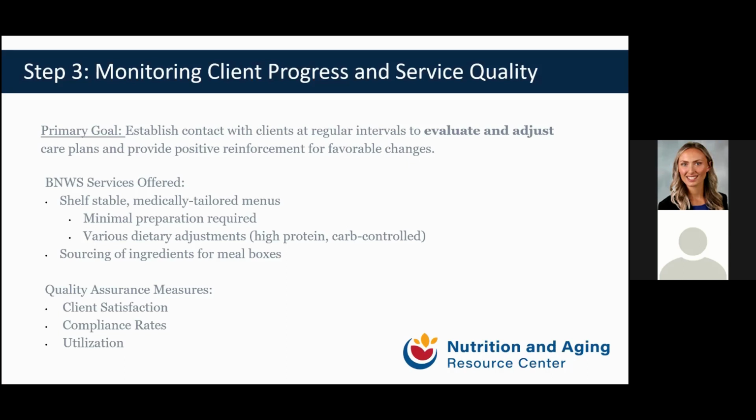Now, one of the things when we started the program, when we were developing the menus for these medically tailored meals, the hospitals thought that their need was going to be more in the heart healthy. It turned out that that was not the case. The need for the carb controlled menus was actually higher than any one of the others that they had access to.